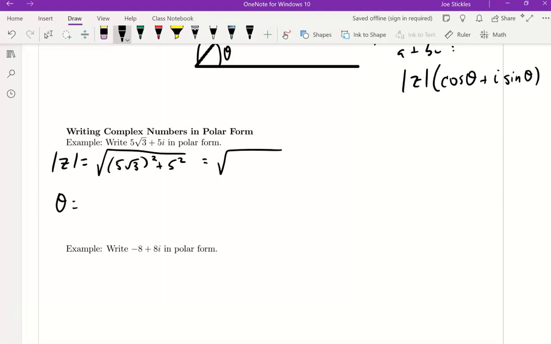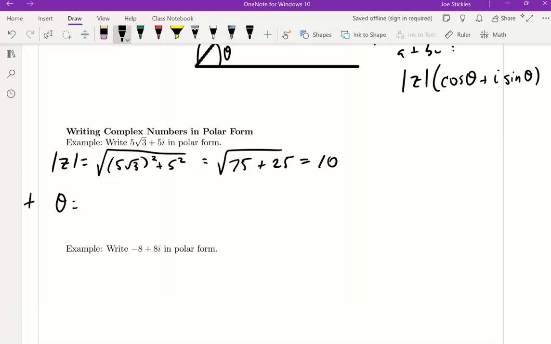Square root of 3 squared is just 3. So this gives you 75 when you multiply that out. So you get 75 plus 25 under the radical. 75 plus 25 is 100. Square root of that gives you 10. That is absolutely nothing different than what we did when we converted to polar, right?